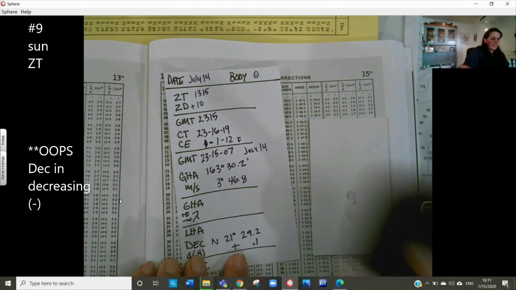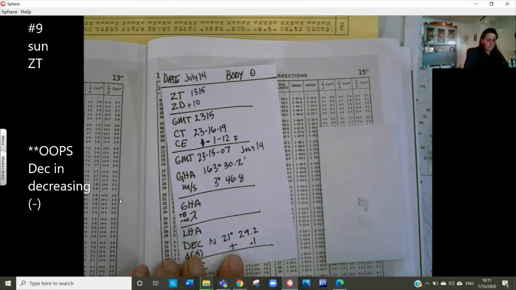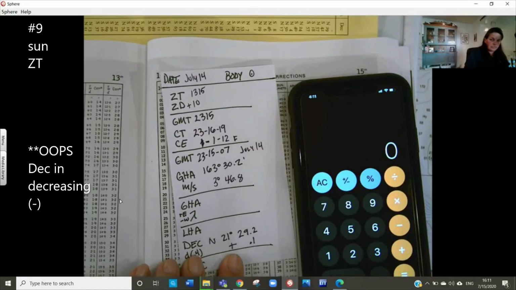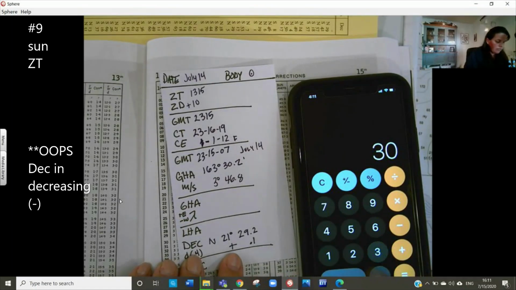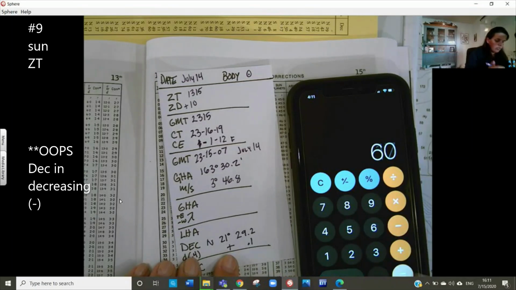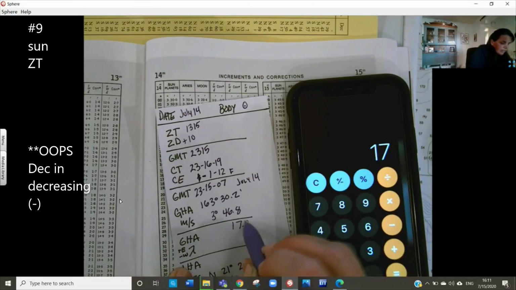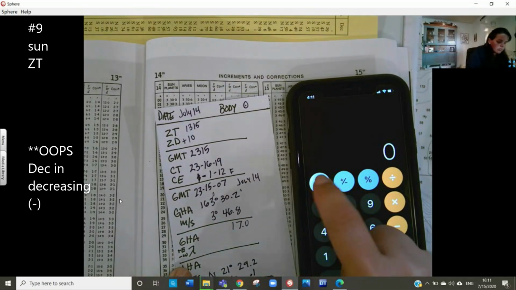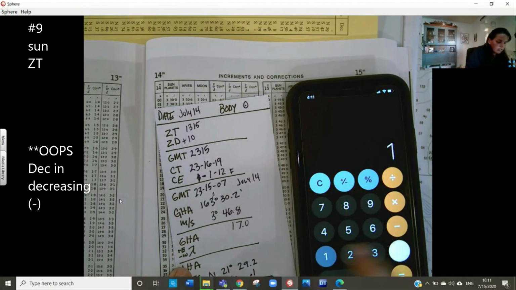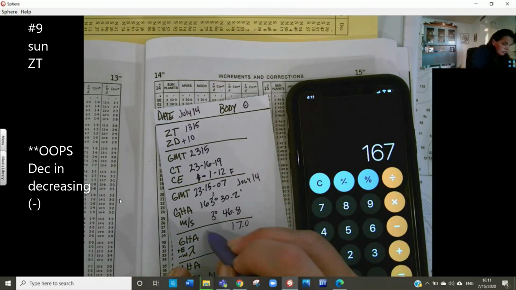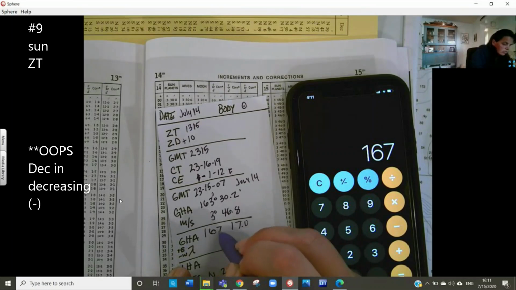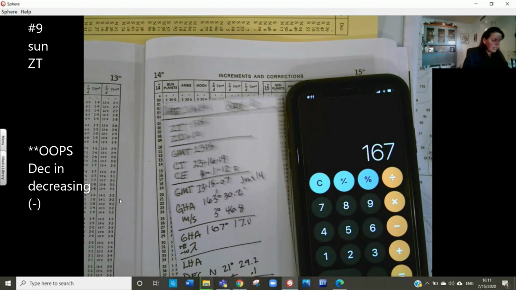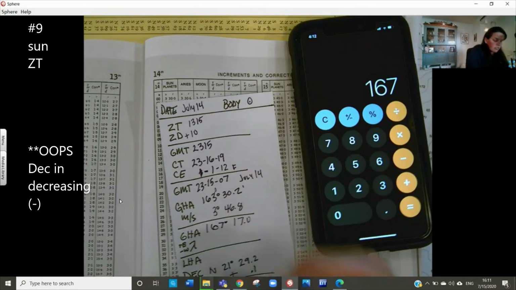So now we calculate. Carry the 1. And now we need to put in our DR longitude.